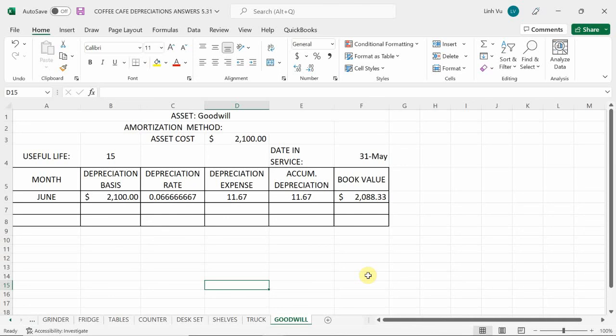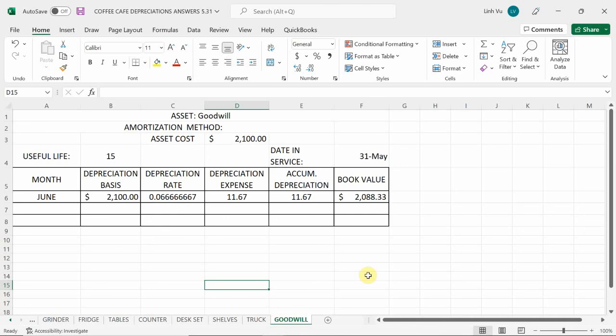All right. Now, what rule does amortization follow? How do you calculate amortization? Depreciation base is always equal to the cost of asset because there's no salvage value.